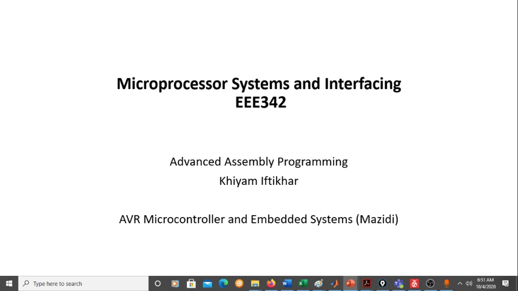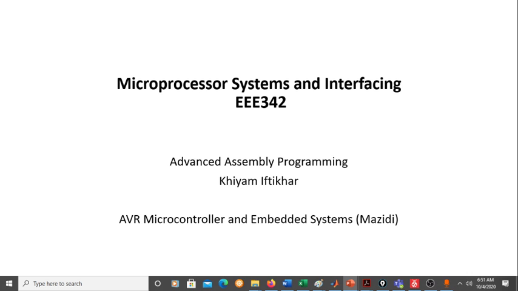Hello students, in this lecture and in the next lecture we will study chapter 6 from the textbook Microcontroller and Embedded Systems by the author Mazidi, which is on advanced assembly programming.